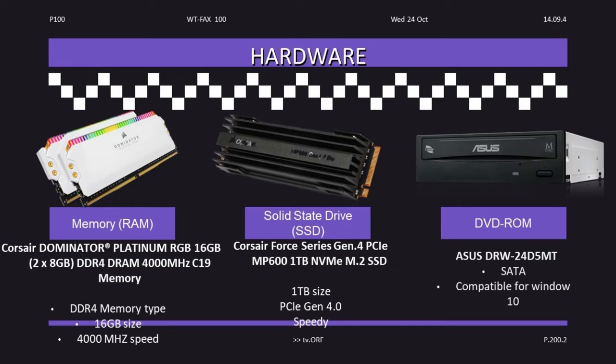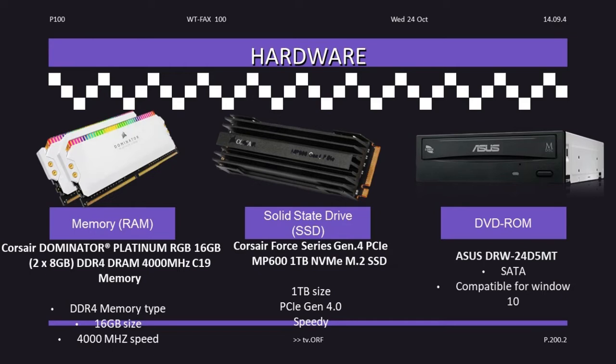The next hardware is the solid state drive or SSD. A solid state drive is a new generation of storage device used in computers. A solid state drive replaces the traditional mechanical hard disk by using flash-based memory, which is significantly faster. We decided to choose the Corsair 4 series Gen 4.